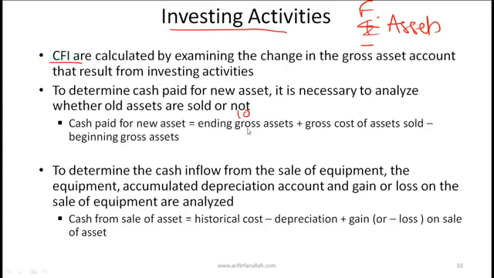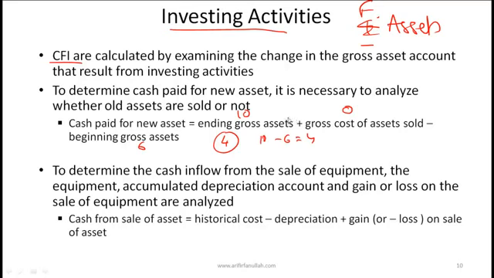So if your ending gross asset value is 10, and let's say initially that we assume that nothing was sold over the year, and your beginning gross asset value is 6, then the value of assets purchased during the year must have been 4. So 10 minus 6 is 4.